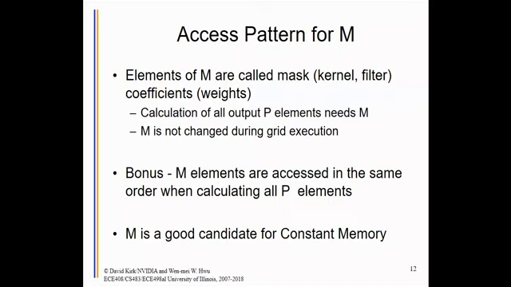So the fact that we can launch a kernel and depend on the fact that the M array is not going to change, okay? It's not going to change, and it's going to be accessed by all these different threads in exactly the same order, gives us a perfect candidate for using constant memory.